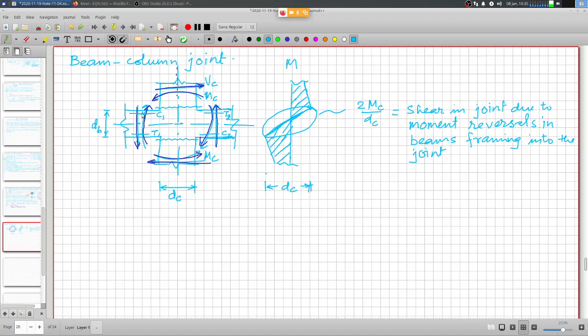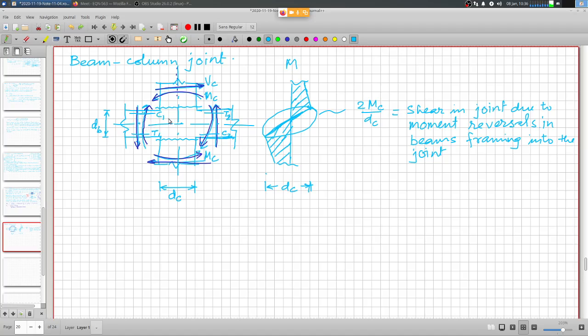In the case of dynamic earthquake loading, both ends are going to be yielding. This may be under tension at one time and compression at another instant of time. Similarly, this may be tension at one time and compression at another, and so on. So both of them, at top and bottom, are going to yield.